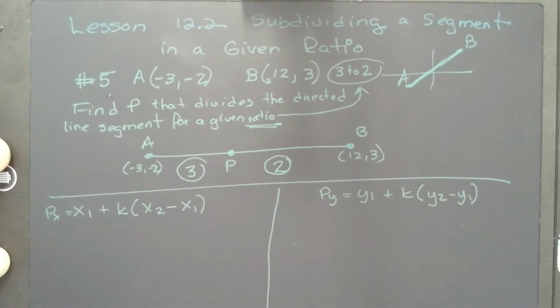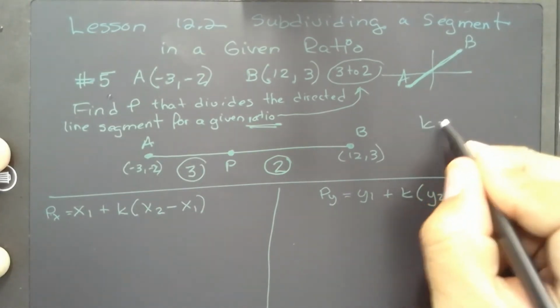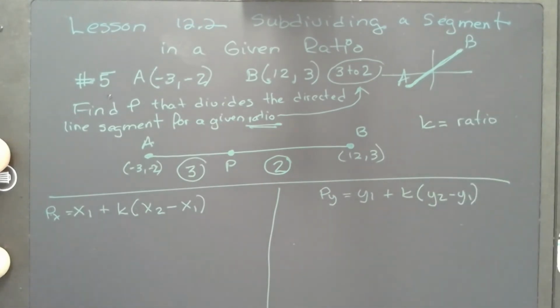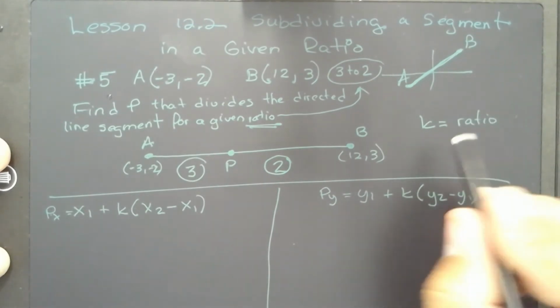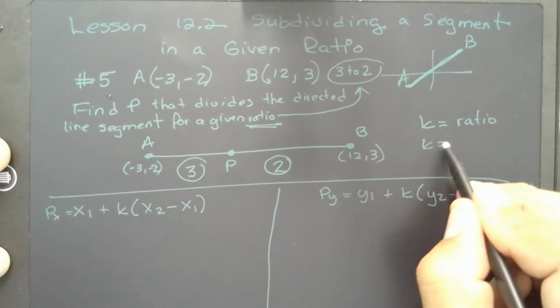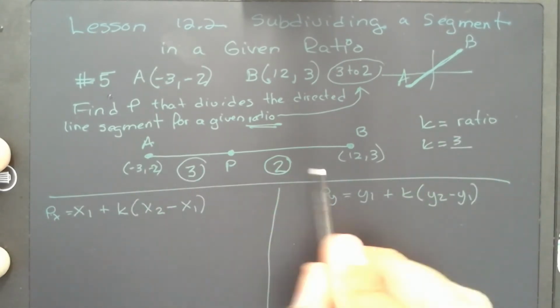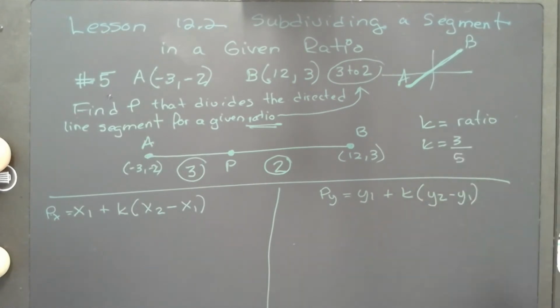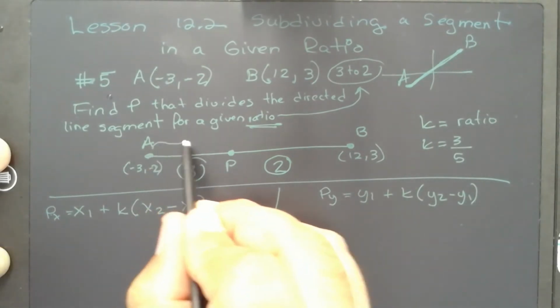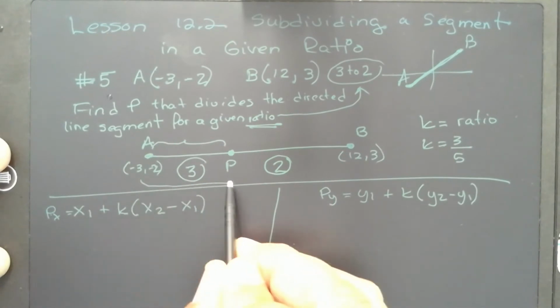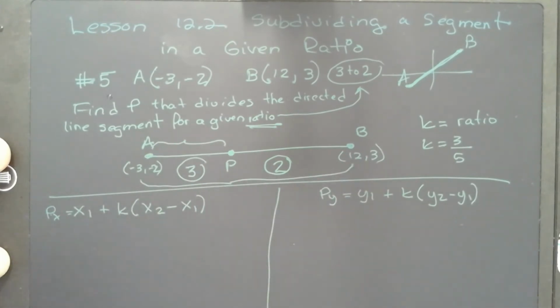In other words, k is going to be the ratio. What I mean by k is, guys, k is going to be 3 over the total length, which is 5. I repeat, the ratio is this segment here, which is 3 over the total length, which is 5. Do you guys understand that?